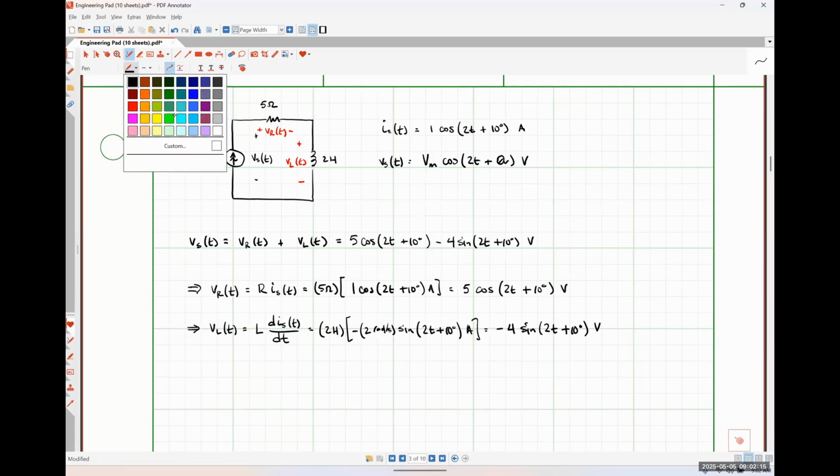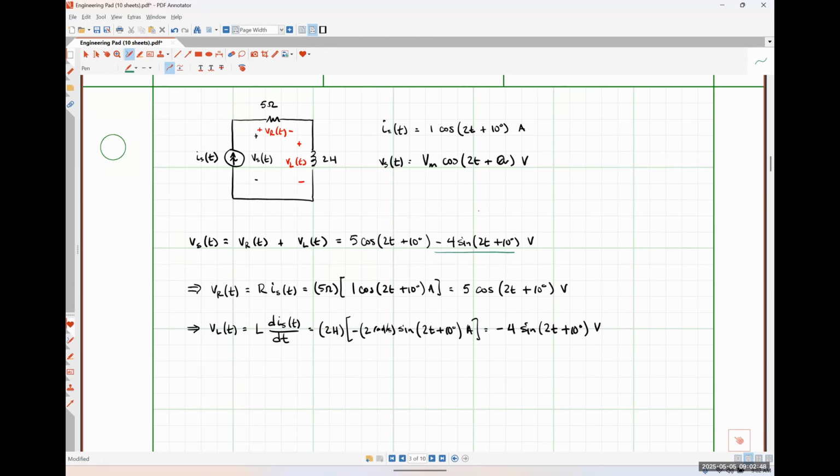So I'm going to just convert this part right here into a positive cosine function, okay? So to go from negative sine to positive sine, I would add 180 degrees, right? So that would look like plus 4 sine 2t plus 190. And then to go from sine to cosine, I would then subtract 90 degrees.